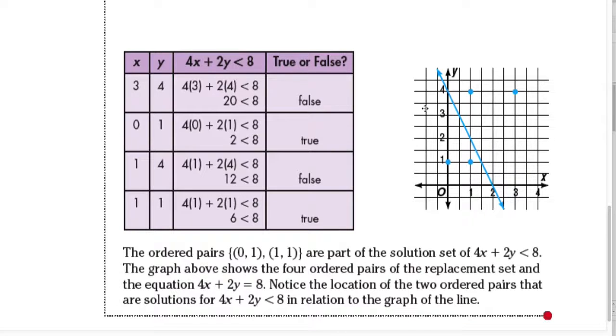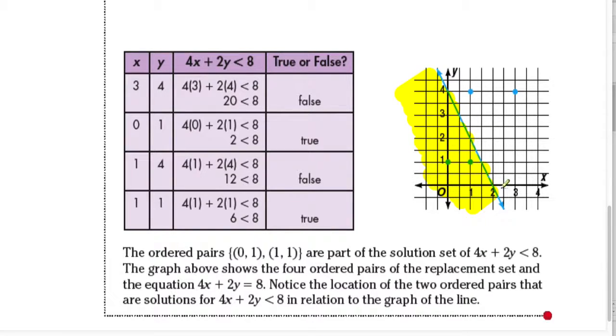The line is the equation of our inequality, so 4x + 2y = 8 is the line, and this is called the boundary. If you notice, any point that you try to the left of your boundary will make this inequality true.